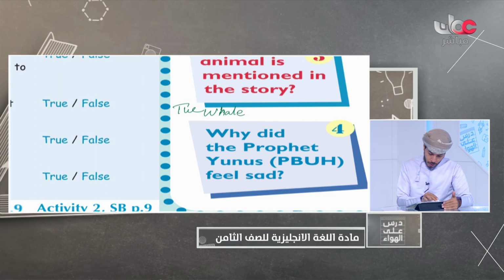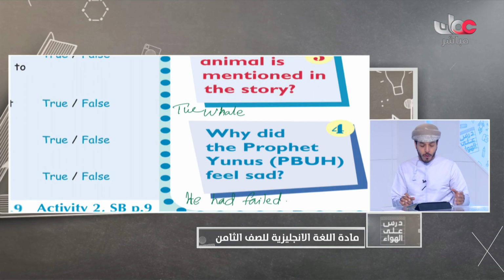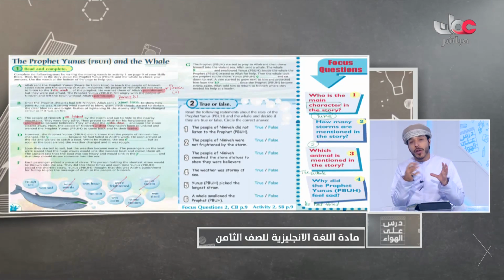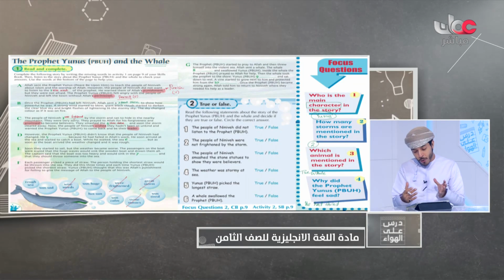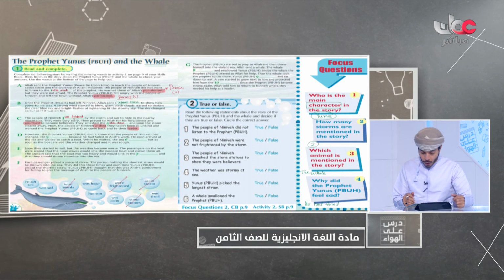Okay, so because he had failed, and this is what he was thinking of. And I'm sure that when you read the whole story, you will know each answer of this.